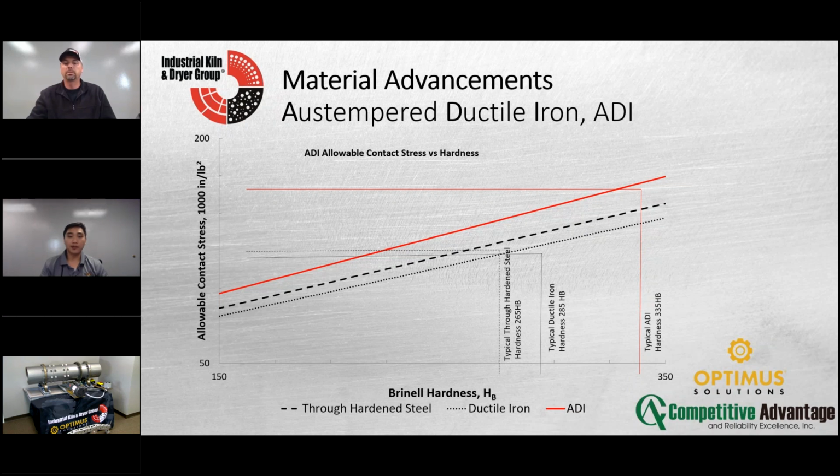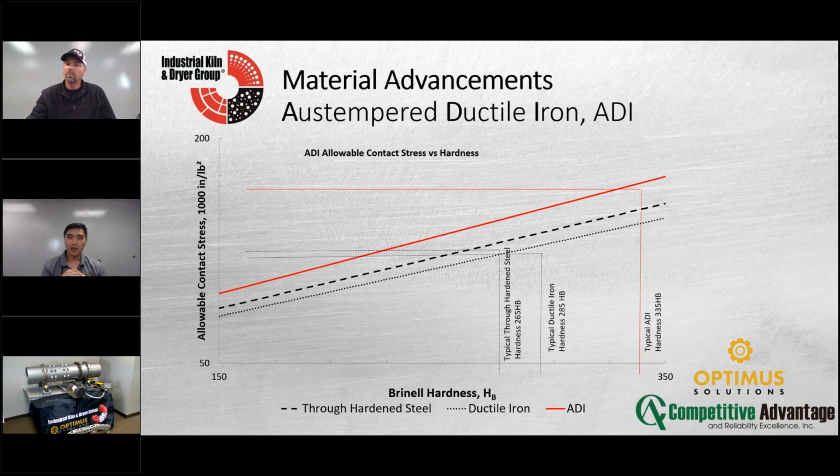Just for everyone's information, what I'm showing you here is Austempered Ductile Iron, or ADI, material. This has been a relatively new advancement, especially with gears, 20, 30 years. I think one of the groups that we work with, they've effectively perfected the processing of this material.